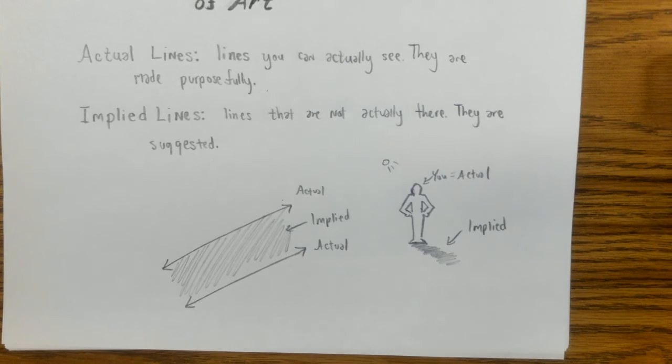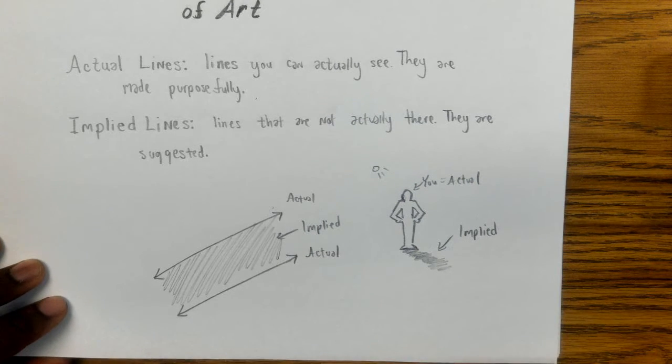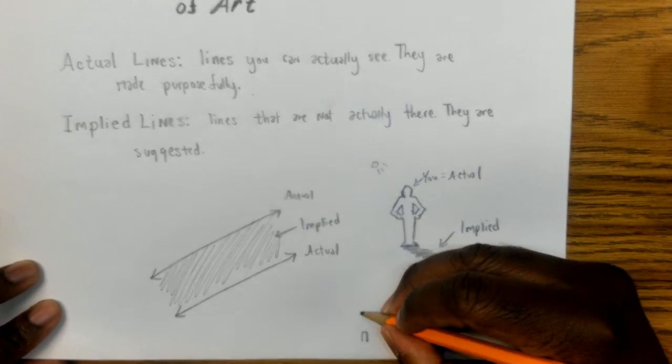Other implied lines, like those dashes that you see on the road that separate lanes, the dashed ones imply one big old line. The dashes themselves are actual. The spaces in between that still make up that line, those are implied. In fact, I can draw right here.